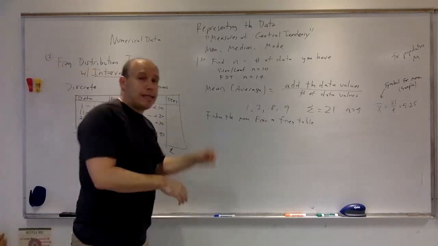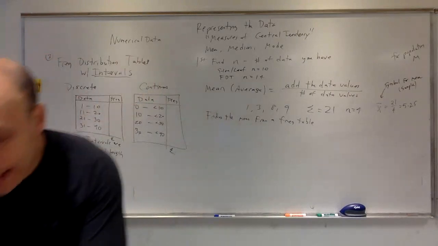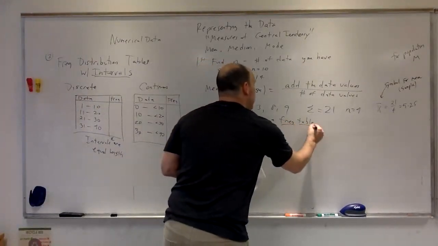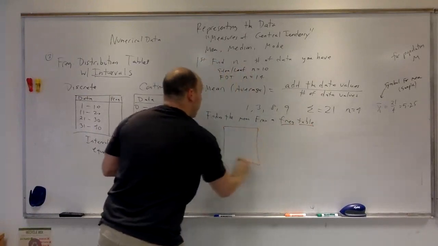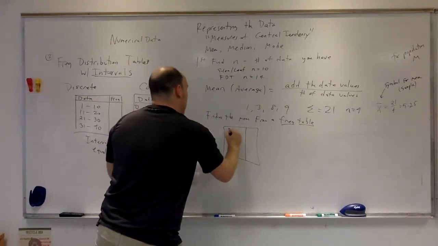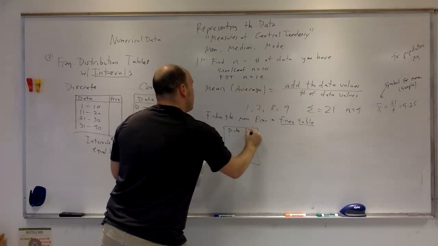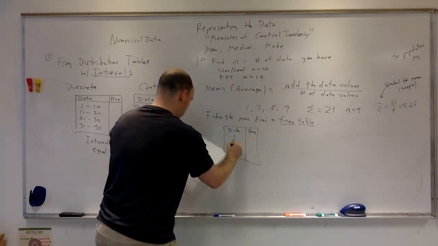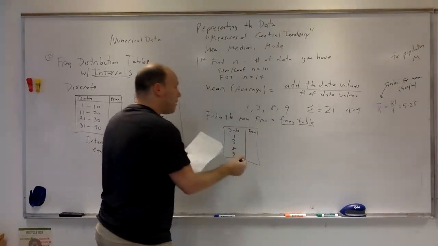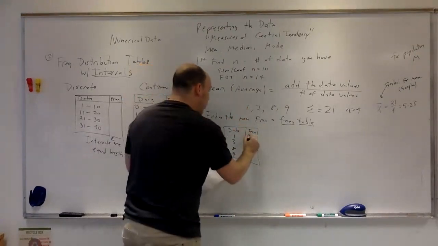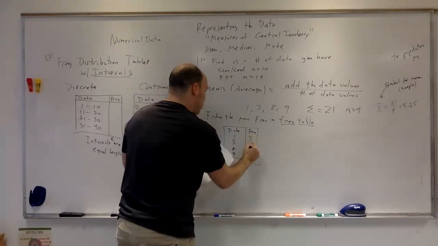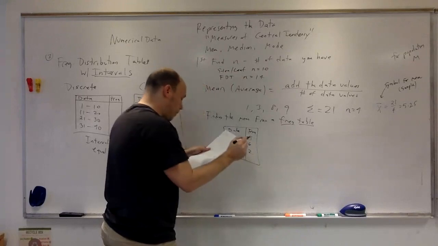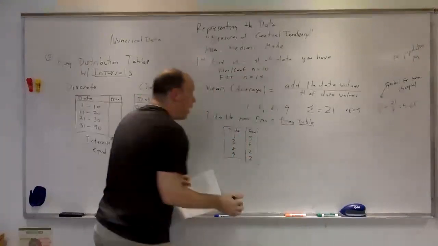So for example, let's make up a new table. Here is the data and here's the frequency. We have 1, 3, 8, 9, but in this new case, 1 occurs 5 times, 3 occurs 6 times, 8 occurs 2 times, and 9 occurs 3 times.